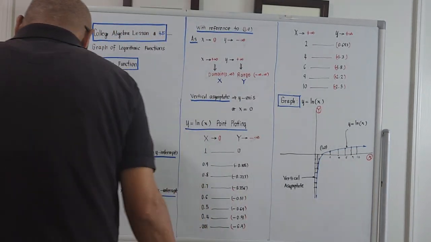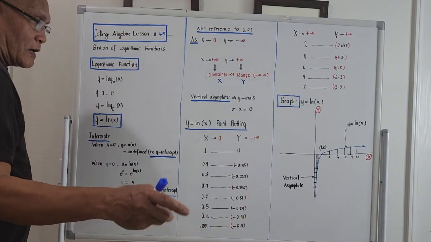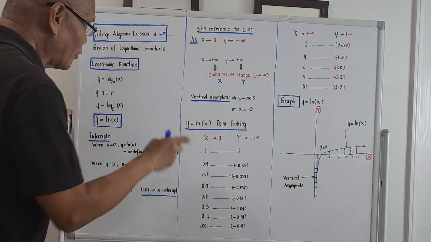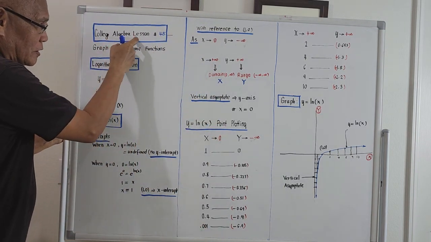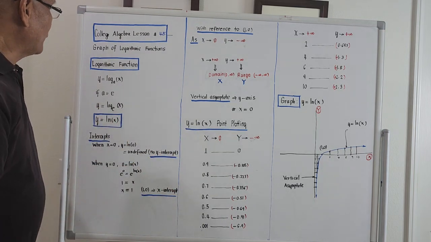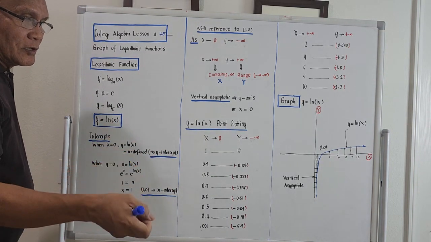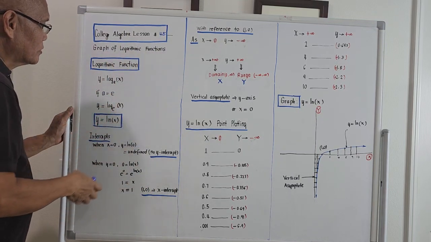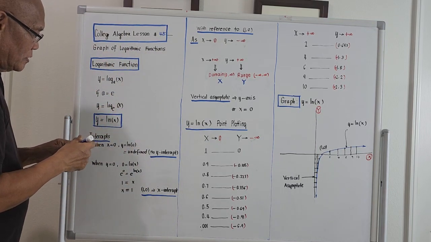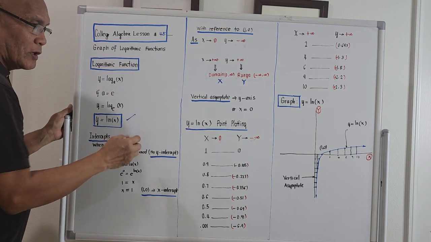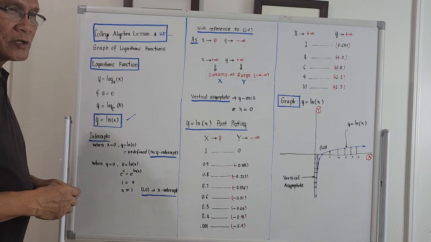My previous discussion from the last lesson under college algebra is lesson number 44, and for tonight it will now be college algebra lesson number 45. We are running smooth. The title of the topic for tonight will be the graph of logarithmic functions, especially the so-called natural logarithm function. We'll concentrate on the natural logarithm function.